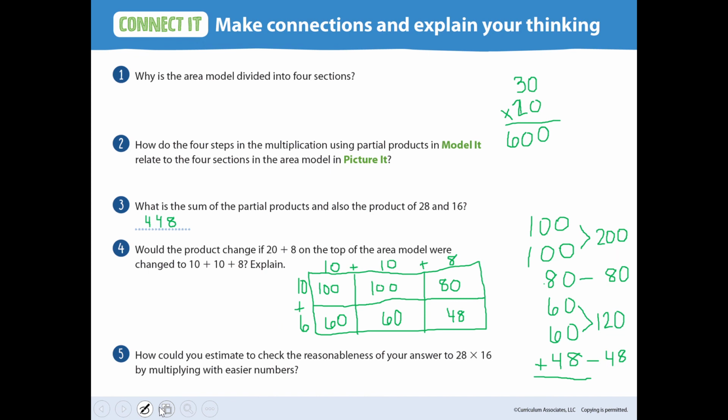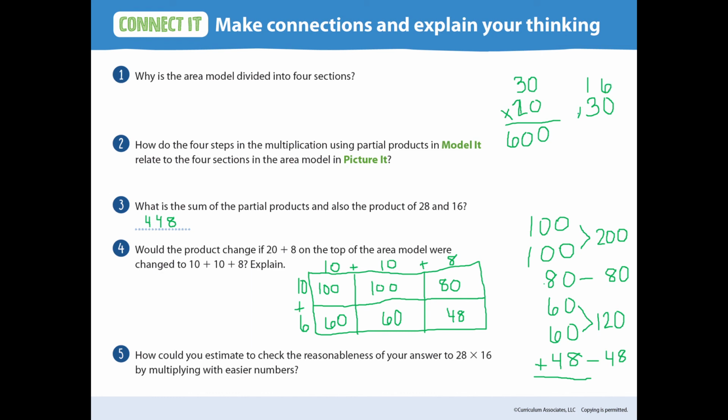So the number that I got here is 600, which isn't exactly close to 450, but it's kind of in the ballpark. I would say that's pretty reasonable. Now, if I wanted to get a little bit closer, maybe I want to use more compatible numbers. So if I round 28 to 30, and maybe for 16, I'll just keep it 16.